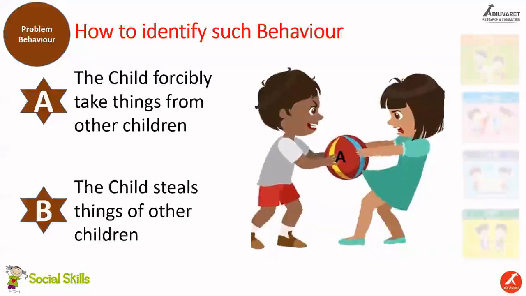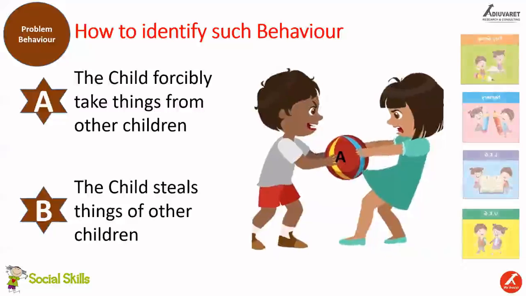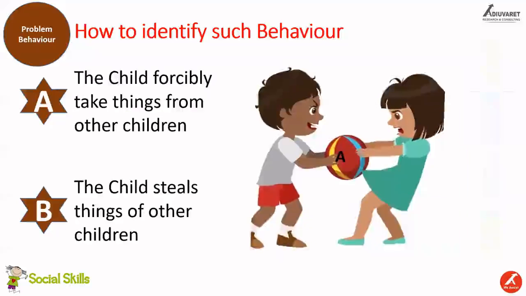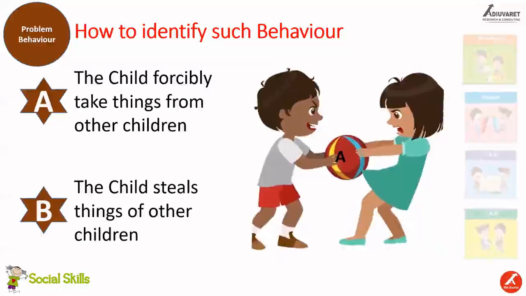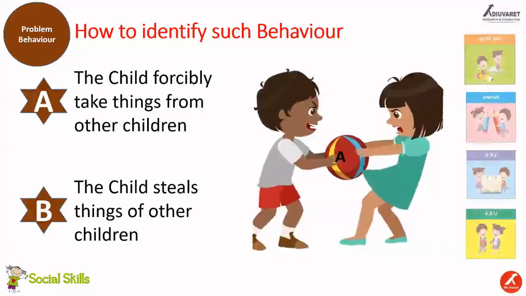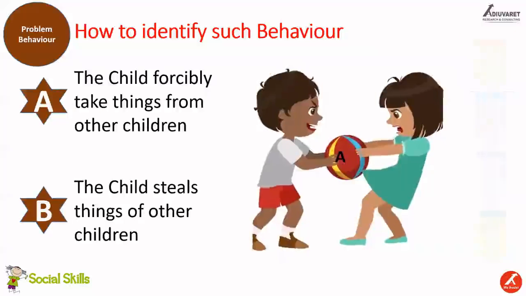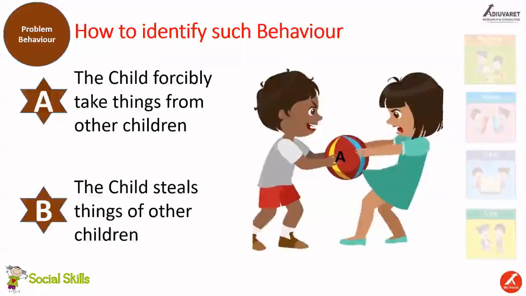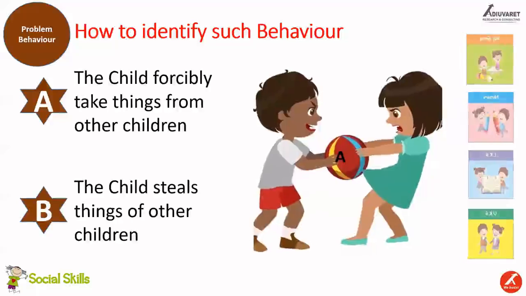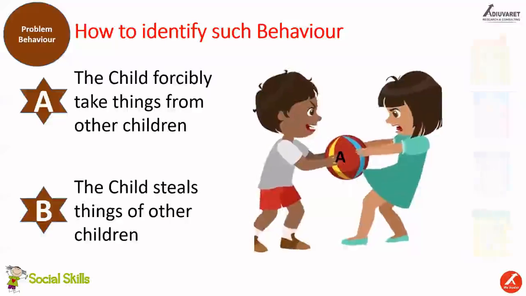Sometimes even if the other child is aware, this particular child takes away things, which can be termed stealing behavior. These are the two situations where such behavior is built up, and the child continues the behavior if it is not taken care of.